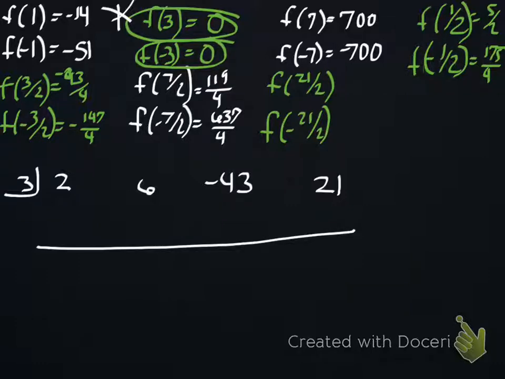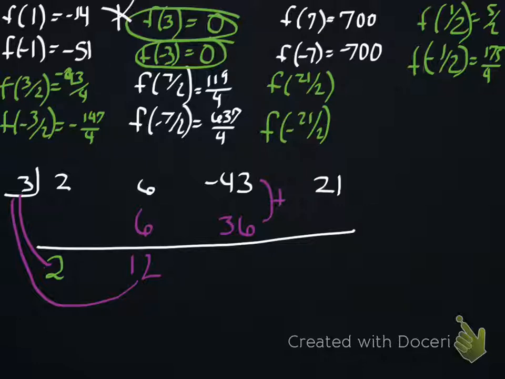So you'll drop your first 2. Then you're going to multiply by 3. What number is that? 6. And then we're going to add: 12. Then you're going to multiply. That gives you 36.